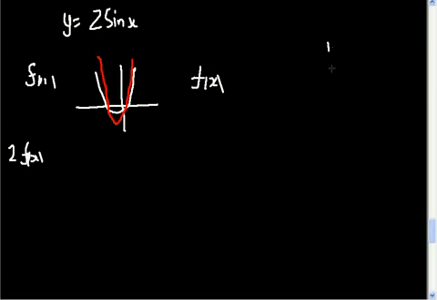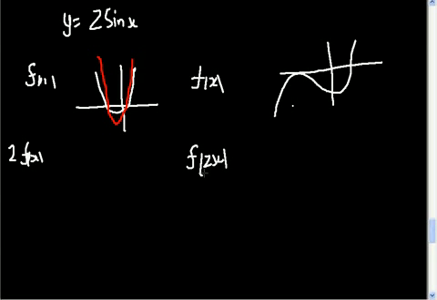What if I did a transformation like this? f of x was equal to this graph here, and if I want to do f of 2x, all the x coordinates halve. So the transformed graph would look like this.